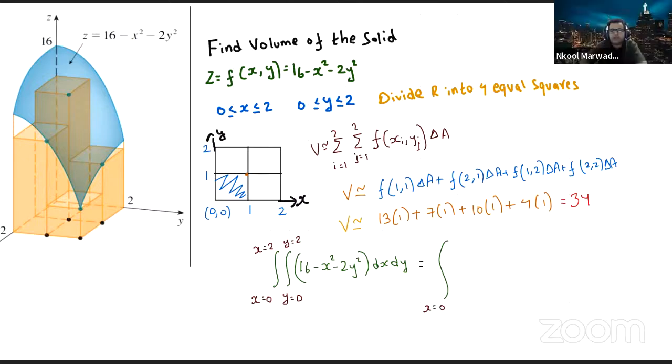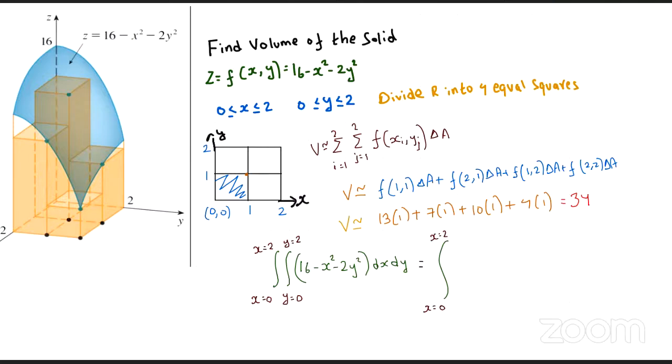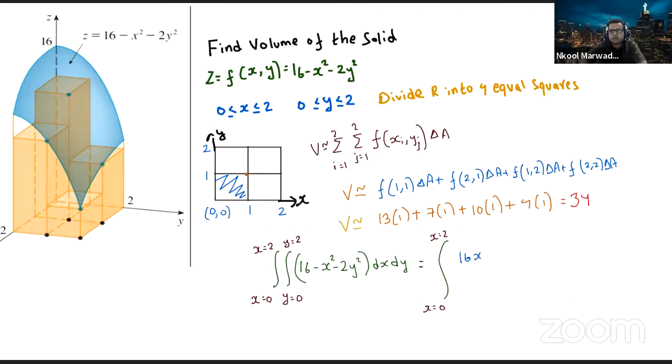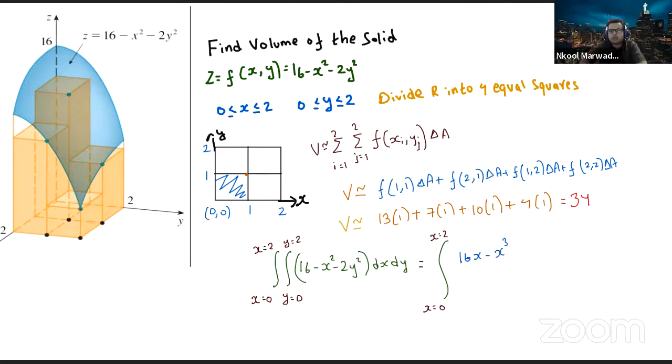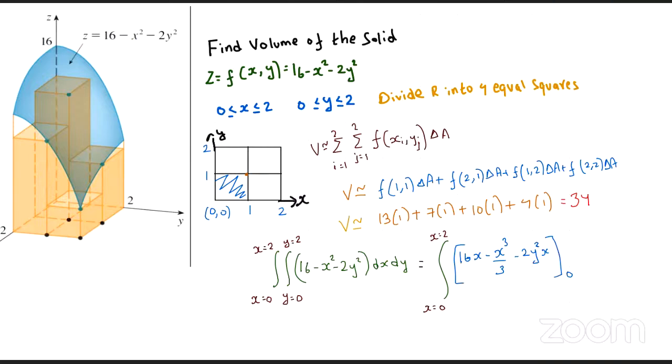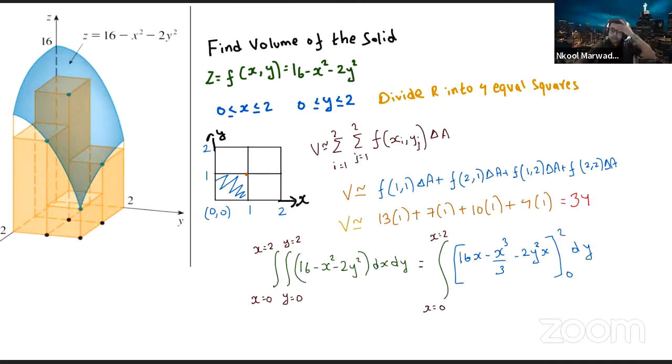In the inside, you will get the integration of 16, which is 16x, minus x to the power 3 by 3, minus 2y square, because 2y square will be treated as constant. And the limits we have seen are 0 to 2, dy.